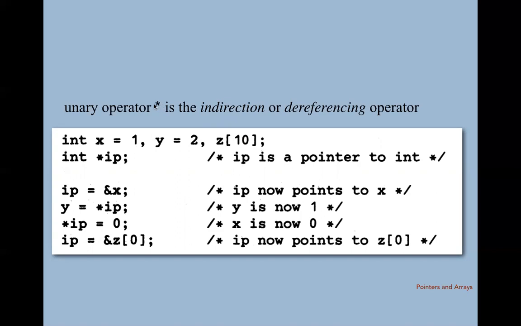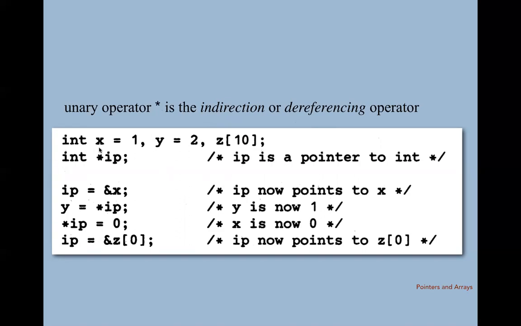This asterisk is the indirection or dereferencing operator, which can also be called the value at operator. Let us see this code to understand the pointer, the ampersand, and the asterisk.